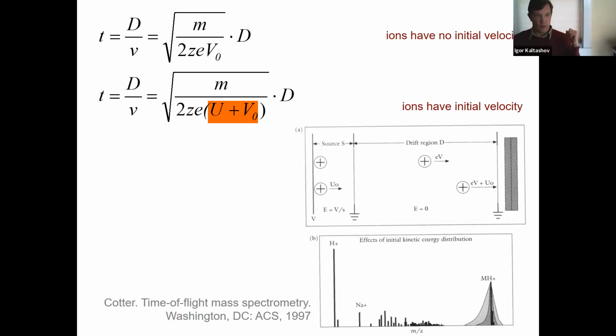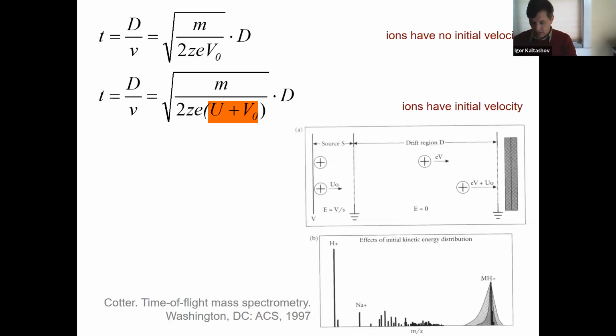You can imagine, let's say when you deal with MALDI ionization, you have this laser hitting the surface, which results in ejection of material in the plume. Even before these ions begin to accelerate, they already have some initial velocity, right?